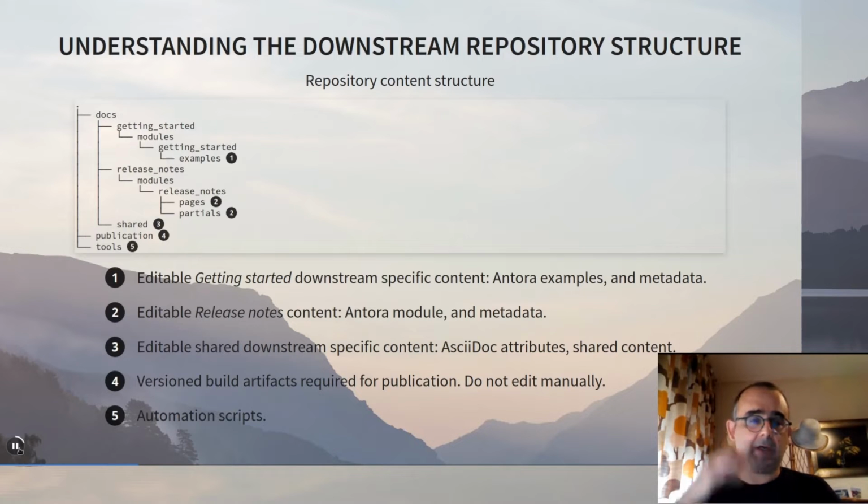We have only the metadata and some divergent content. And the second guide, the release notes, is a piece of docs that is only downstream. And in this Antora module, we will have all the content. So we can mix that.